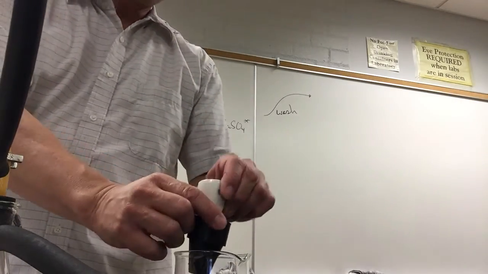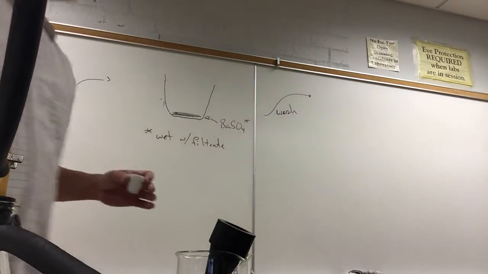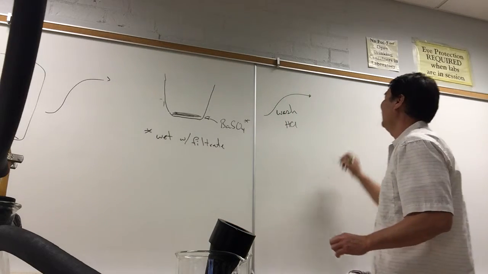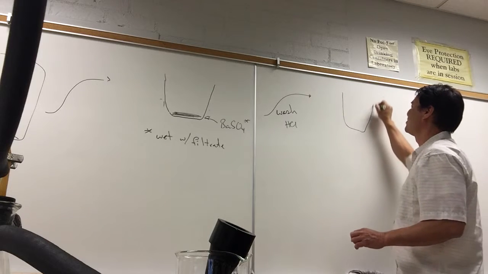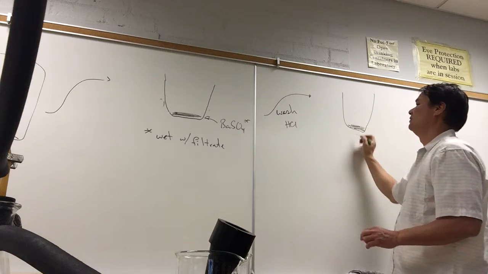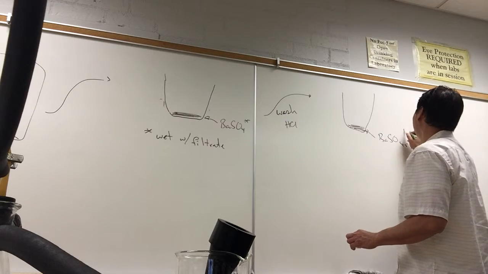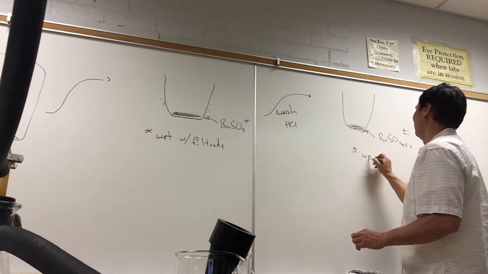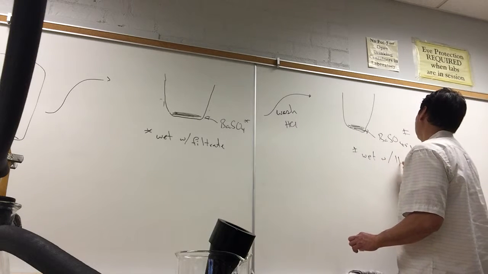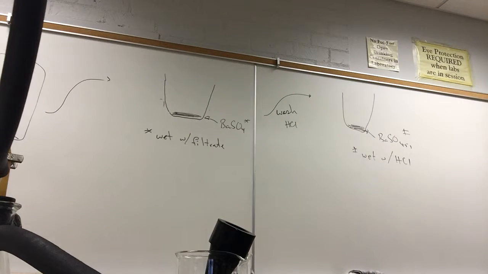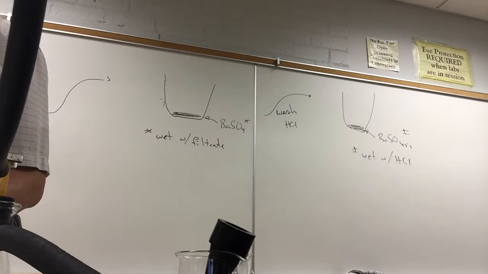All right, but the problem is now this. We wash with HCl, and now we don't have pure barium sulfate. You know what we have here? We have barium sulfate solid that is wet with HCl. And so now this is the problem. How are we going to wash the HCl off? Now should we use DI water to wash the HCl off?